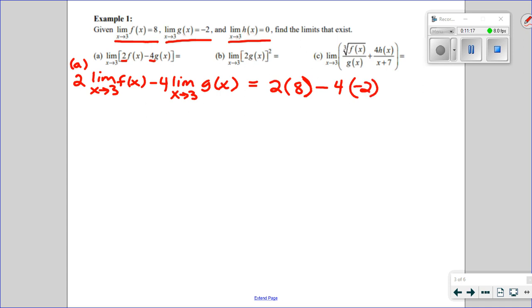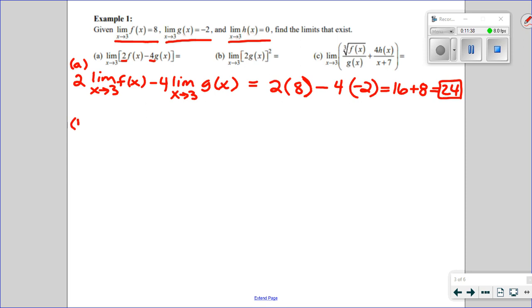So I will substitute -2 in place of that limit. And then now we're just down to order of operations. So we'll end up with 2 times 8 is 16. -4 times -2 is +8. 16 plus 8 equals 24.